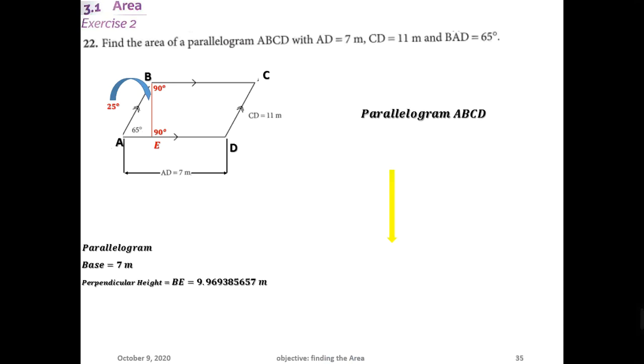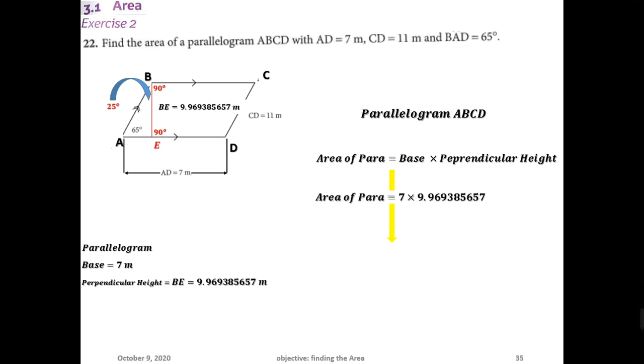The area of the parallelogram is equal to the base times the perpendicular height. Let's substitute in this general formula. It's going to be 7 times 9.97. But we write here the full number because we only round the final answer.